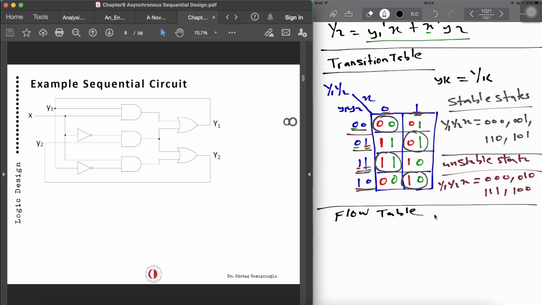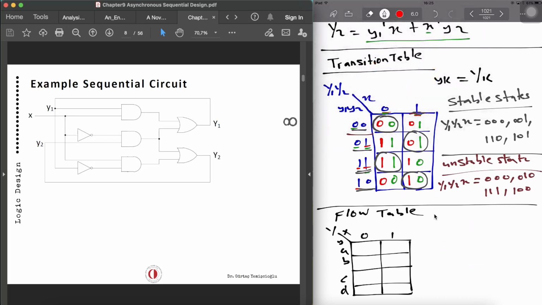So let's say y, that's x 0, 1, and states small y, so a, b, c, and d.